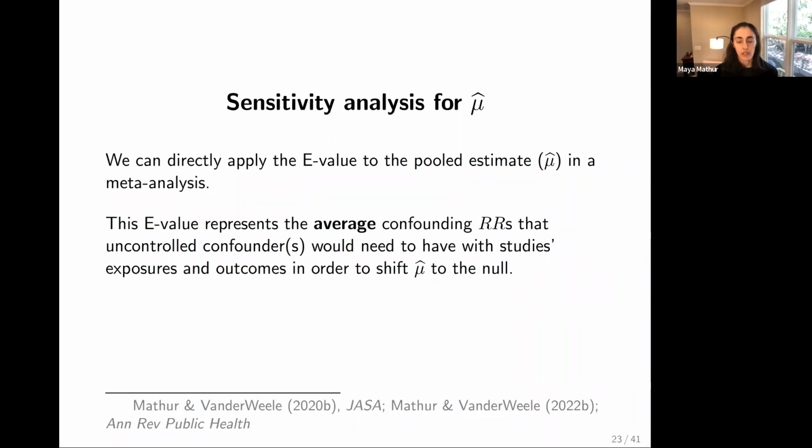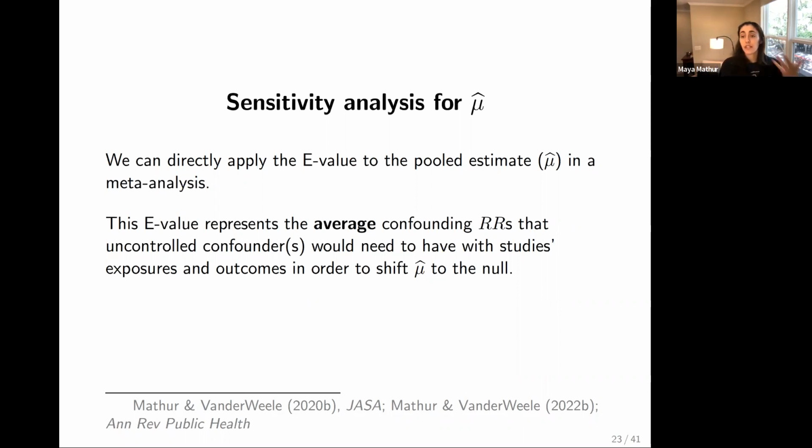Okay, so note that I'm saying average confounding risk ratios because just as we can have genuine heterogeneity in population effects in meta-analyses, we could also have heterogeneous bias, right? We could have different confounders in different studies. We could have some studies more fully adjusted than others.